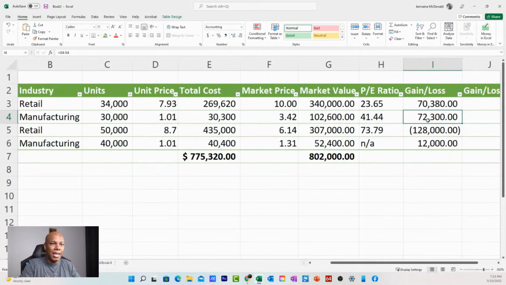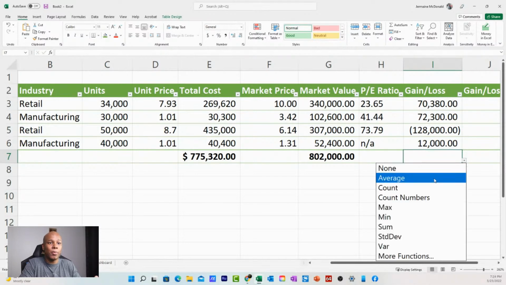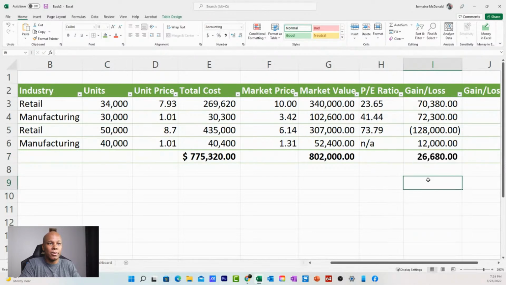So this is the gain loss per stock, right? So we know that I'm at a loss for Fesco right now based on the price that I bought it. That's why it's showing here in brackets, because that's my default formatting. If I wanted to show it as a negative or highlight it in red, I can do that. And if I just want to see my total gain or loss from the drop down, I can just choose sum, and it's showing me that the profit I've made is $26,000.